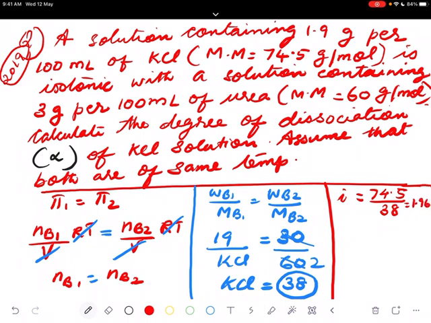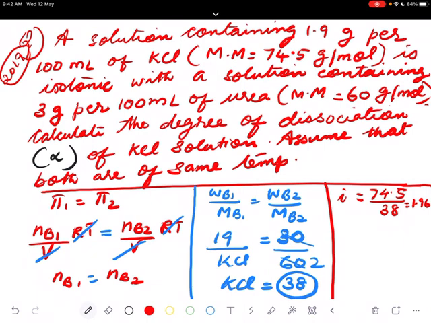Now, in this case, KCl, they have said degree of dissociation. For us, KCl we have learned as an example of complete dissociation. Since they are telling that there is degree of dissociation, you have to go for partial dissociation.